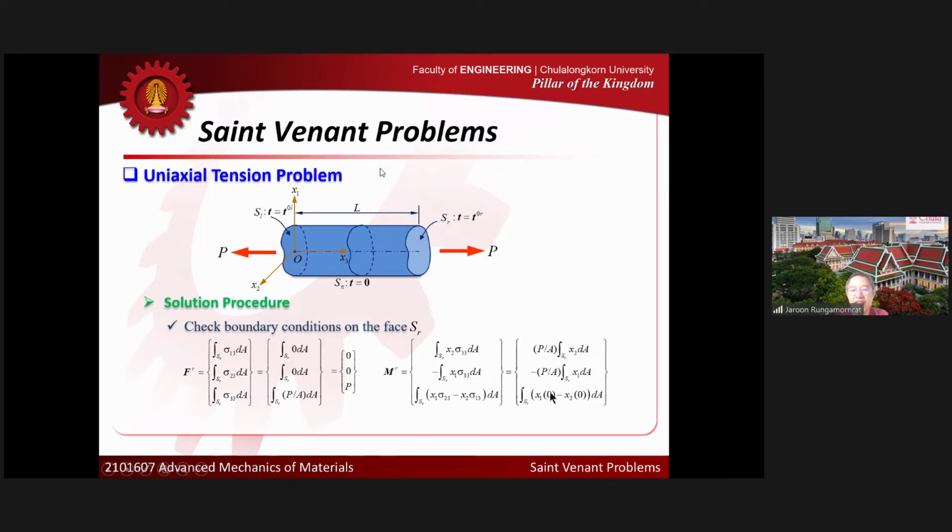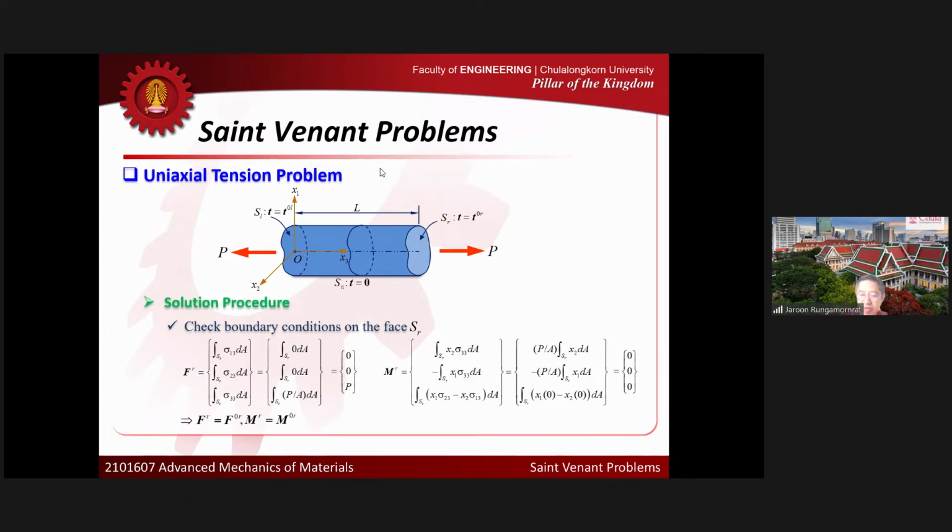Then I enforce the condition from the fact that the origin is at the centroid. So the integral of the coordinates x1, x2 disappears, and that term is 0. The whole thing here is 0, so I get 0 net moments due to the gauge stress field.